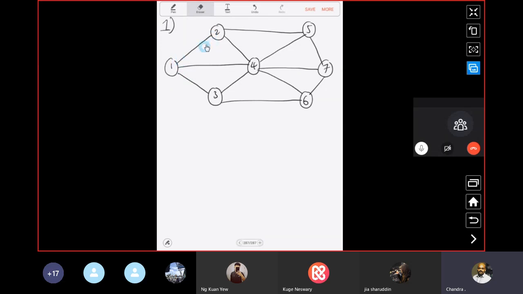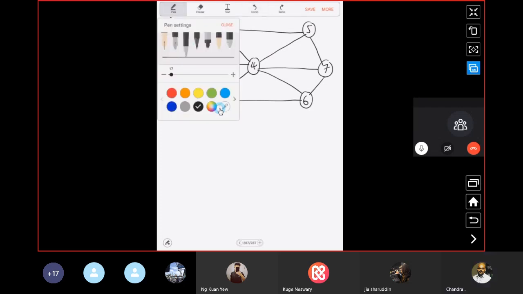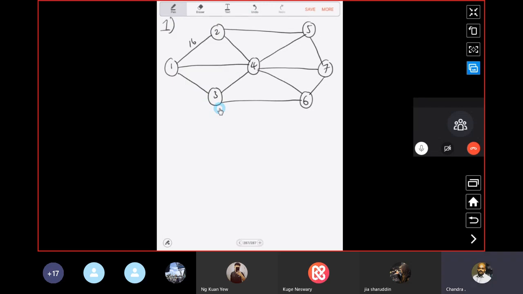This straight line is called a network. Let's say the route between city 1 and city 2 is 16 km. This is 35 km, 25 km, 12, 14, 19. This is the distance between each town.